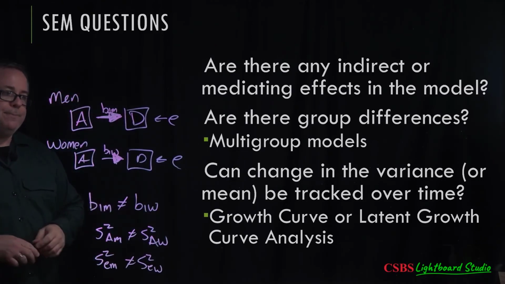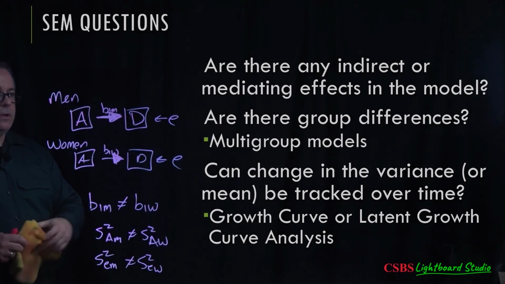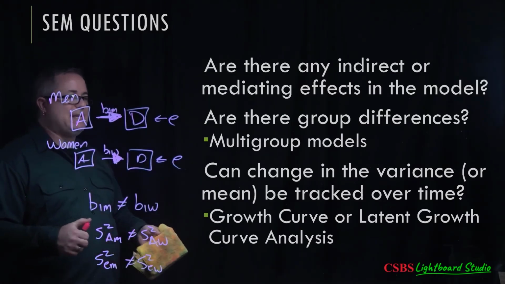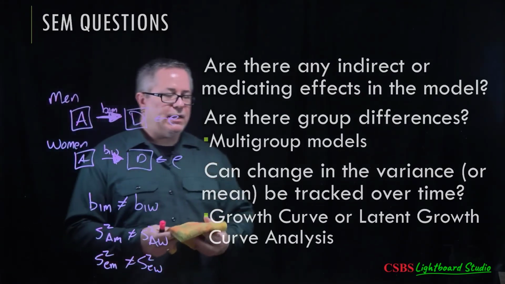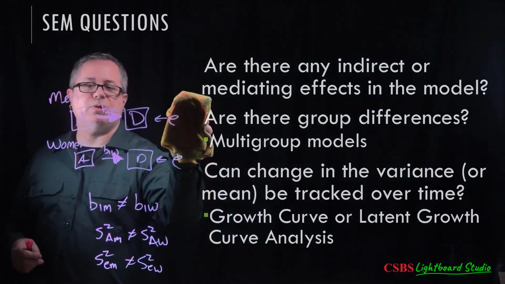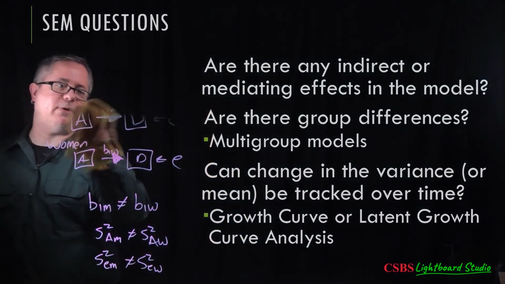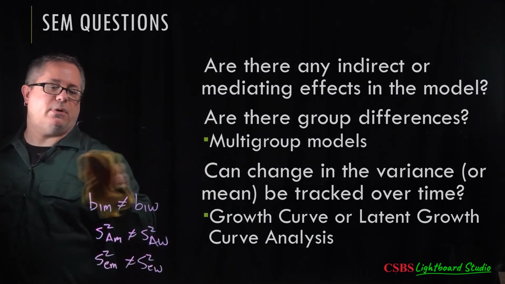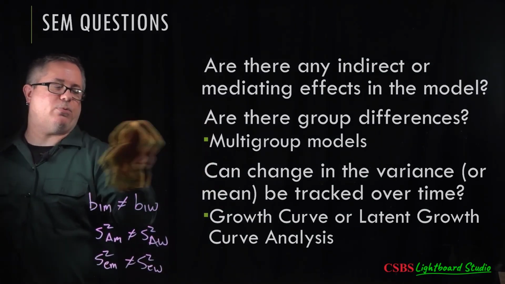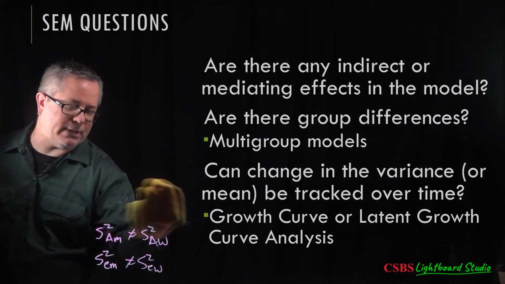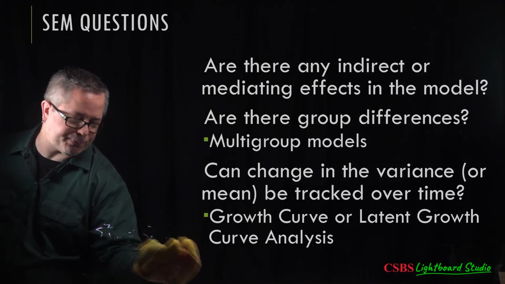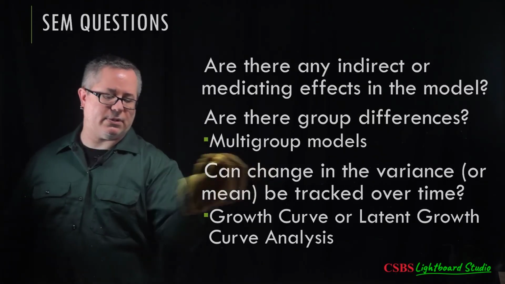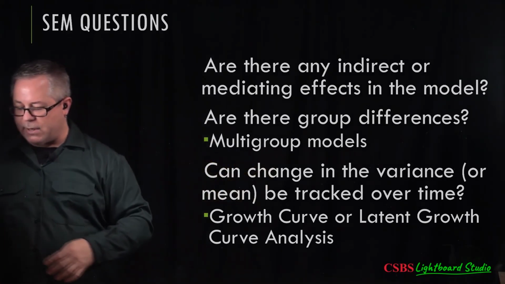Another question here is, can change in the variance or mean be tracked over time? We've done that before. We did change in 485. We did it again in 524 because we looked at things like profile analysis and repeated measures designs. But we can expand that out and have what are called growth models.